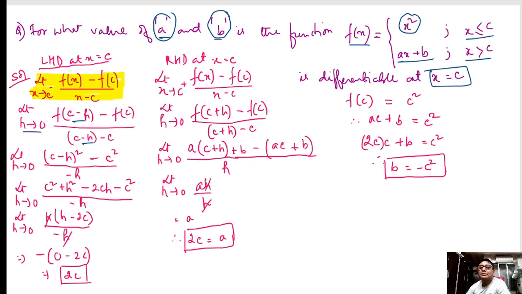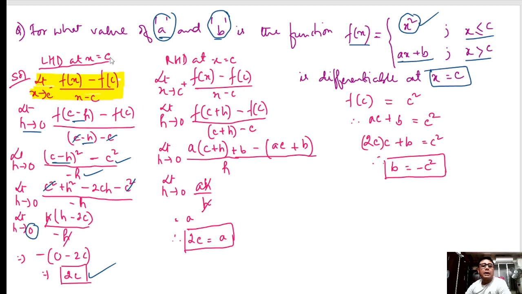So less than c, that means I have to choose the x square function. So in place of x I will put (c minus h) whole square minus c square, and this is c and c will cut, it is minus h. So now this part and this part will also get cancelled, take h common, so h cancels. Now in this part put h as 0, so we get minus 2c.